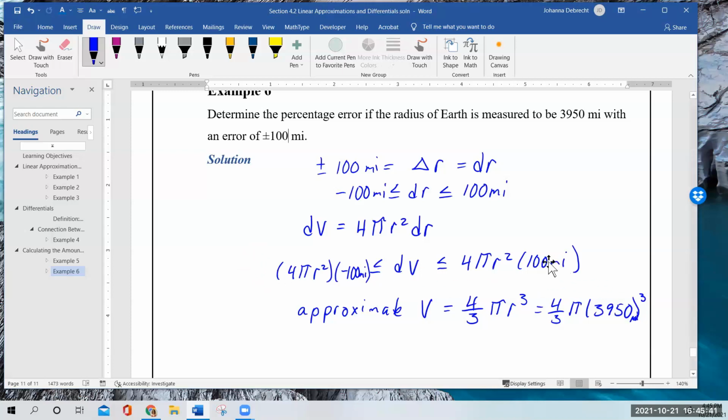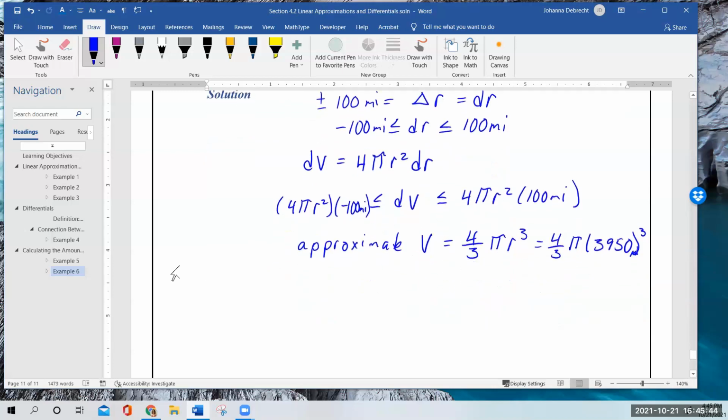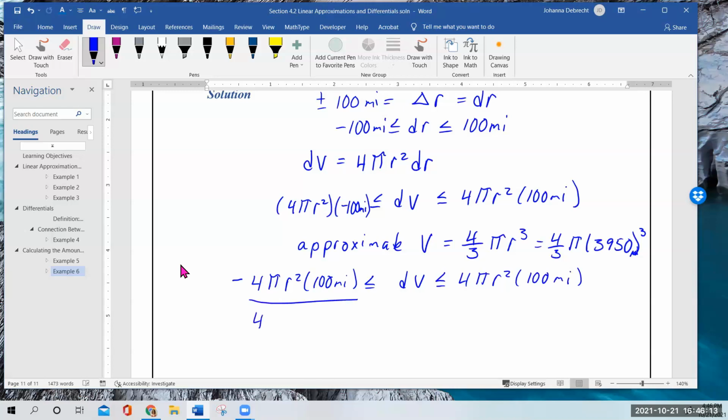Then we take this equation here and we divide by that expression in all three parts. We could take this negative here and pull it to the front so that it's sitting on the far left instead of in the middle. Then we have each part divided by the volume expression that we got previously, which is going to be the 4/3 pi r squared.